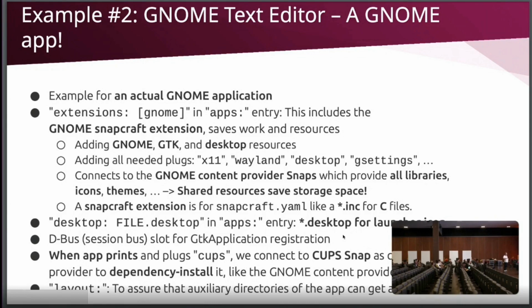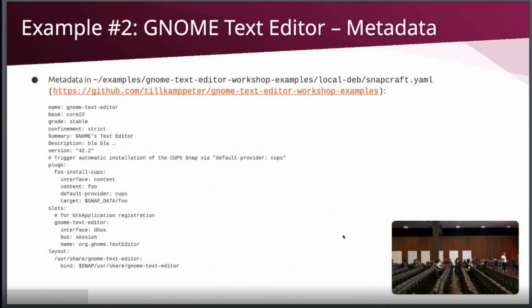Yes, that's all. So now we see the first part of the snapcraft.yaml of GNOME Control Center. It's the metadata in the beginning: the name of the application and description and so on. And later on, we see our definition of plugs and slots.